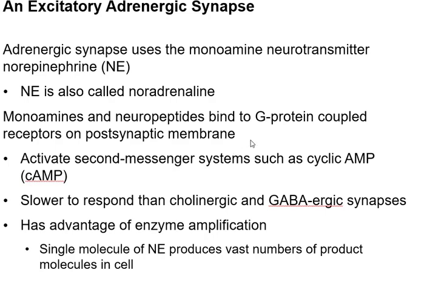This one is going to have to bind to the G protein. The G protein is going to have to do its thing and dock with other proteins. And then inside the cell, whatever the postsynaptic membrane is, inside that cell, you're going to make cyclic AMP. And then this is going to cause another enzyme cascade to occur.